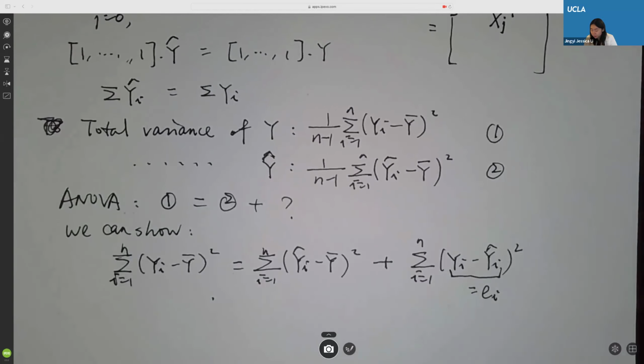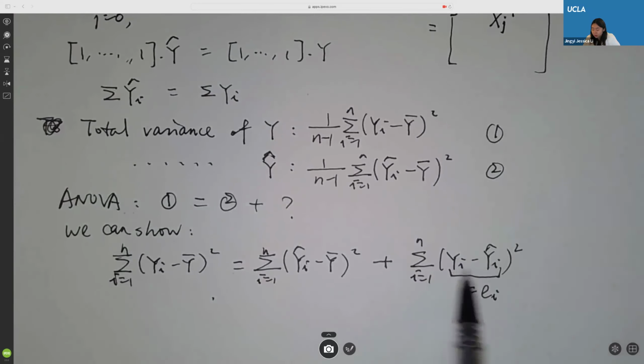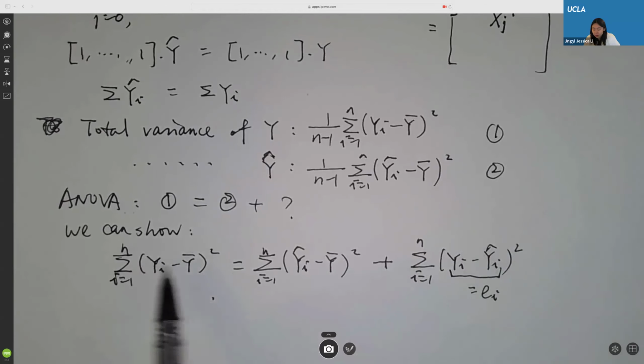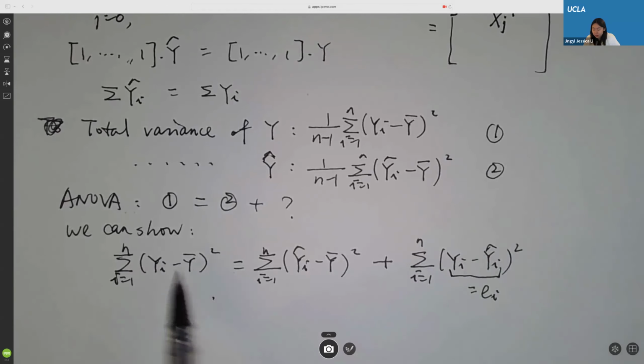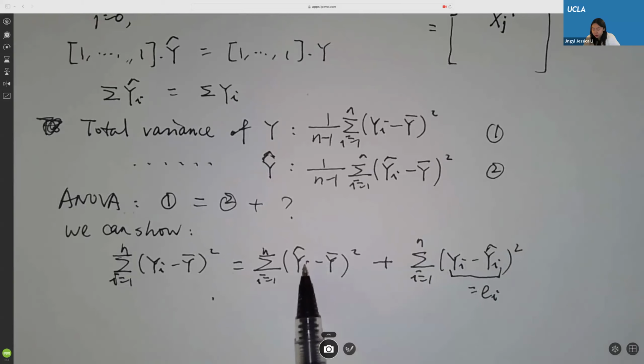And actually, maybe you can go simpler with that because we have yi hat in both terms. If you open it up, you will have yi squared, yi hat squared, and cross terms yi and yi hat here. And here you would just have yi squared and yi cross with y bar, and you have yi hat squared, yi hat cross with y bar. So basically, if you go back to the definition of y bar, you can open it up.